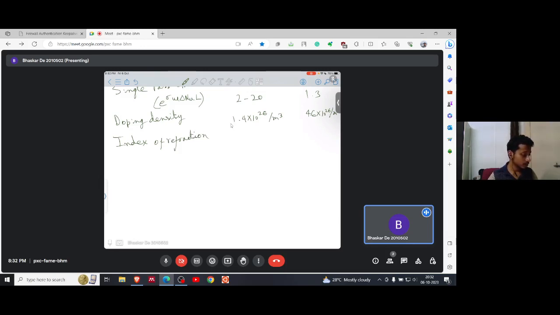Index of refraction is 1.82, and here it is 1.50 to 1.57. Operating temperature is 300 Kelvin. This is also 300 Kelvin.